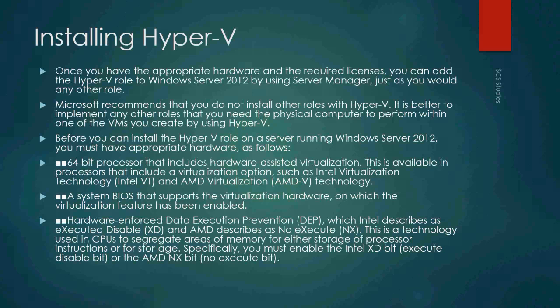And the next is hardware data execution prevention, the NX DEP, and for Intel it is XD, and for AMD it is NX. That should be enabled on your motherboard.